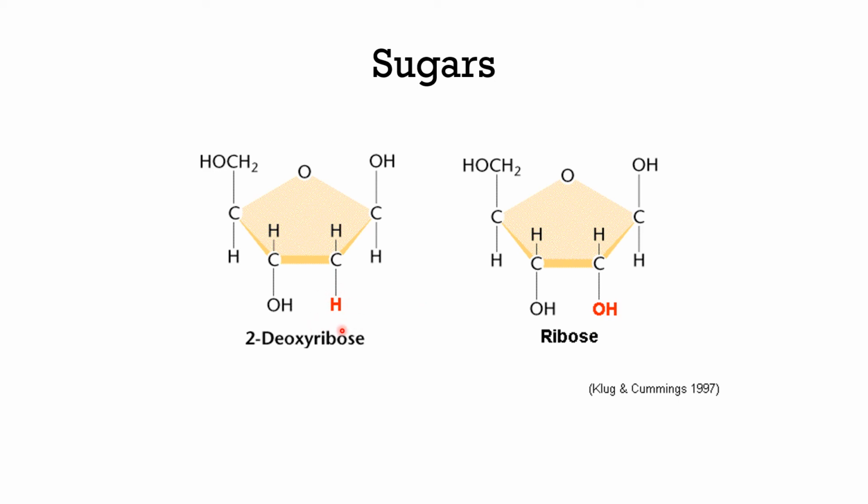So the deoxyribose means it's deoxy, so think about it as it has 1 less oxygen on there. So this is going to be the sugar that's used for DNA, and this is going to be the sugar that's used for RNA. So that's where that deoxyribose and ribose for those 2 nucleic acids comes from.